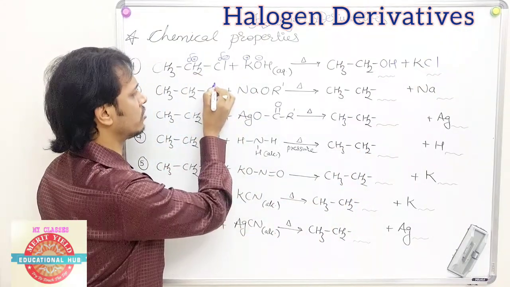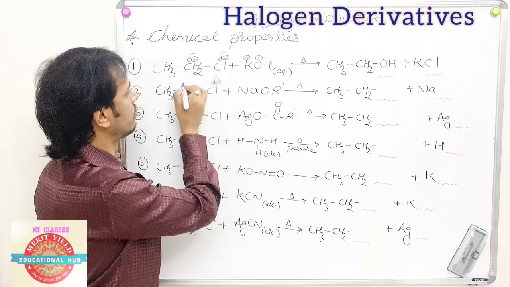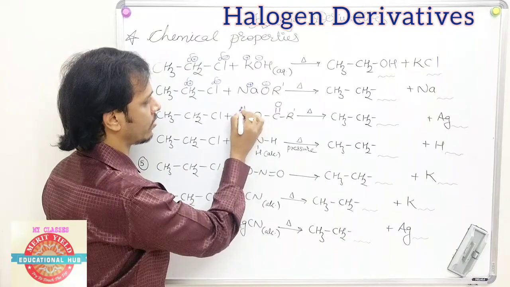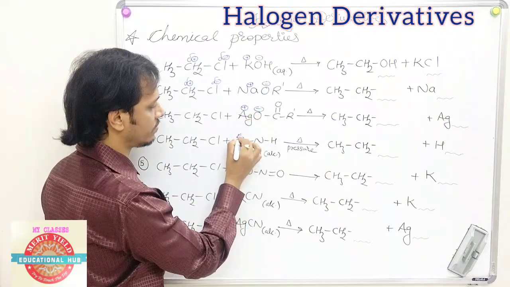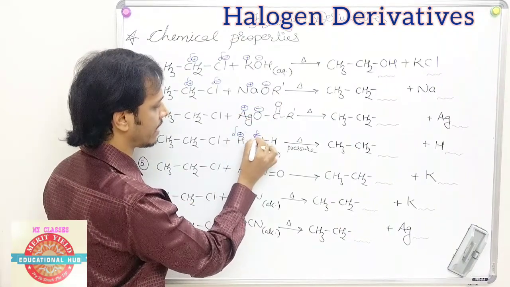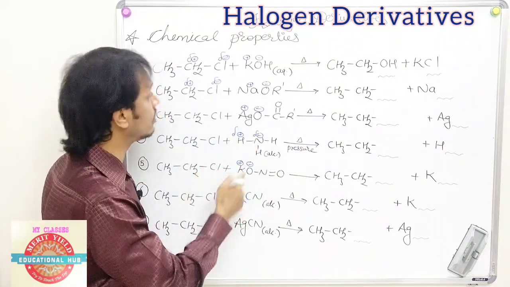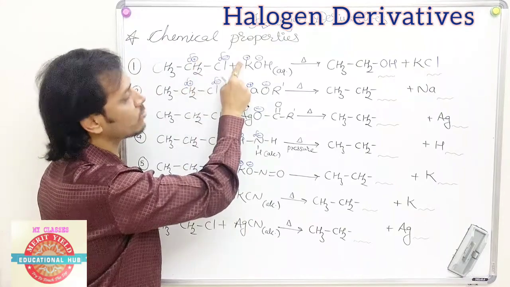Same goes for this also. Cl is negative. Every time Cl is negative, the remaining part is positive. This is delta positive, the remaining part is negative. This is clearly positive, this is clearly negative. Why is it clearly positive? Why am I writing this as delta positive and this as only positive?